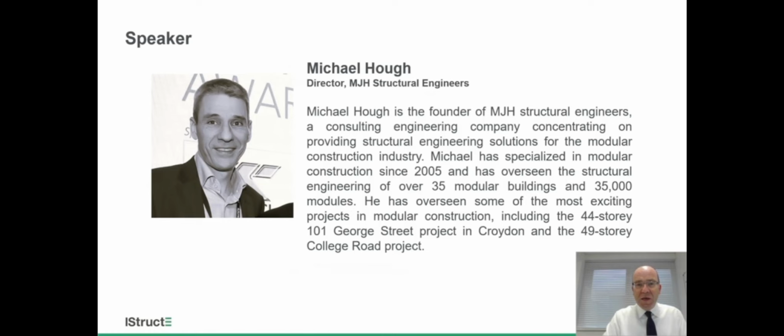Michael has specialised in modular construction since 2005, so really since pretty much the inception of this form of construction in the UK, and has overseen the structural engineering of over 35 modular buildings and an incredible 35,000 modules. He's overseen some of the most exciting and prestigious projects in modular construction, including the 44-storey 101 George Street project in Croydon and the 49-storey College Road project. I believe one of those won a very prestigious award as well.